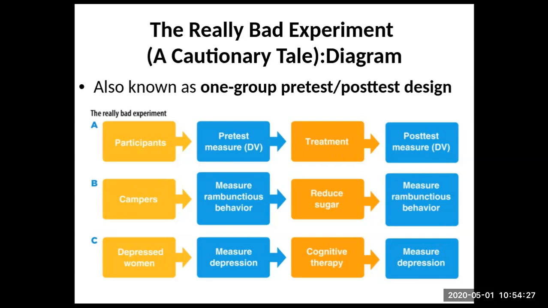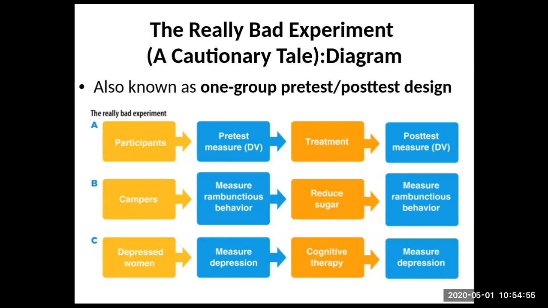The other thing is, do we know if they even controlled for that? So you give them cognitive therapy, you measure depression again. What we're hoping to see as researchers is that their depression levels were reduced after cognitive therapy, but we have nothing to compare it to. And did we control for the fact that maybe they had family members talking to them in addition to the cognitive therapy, or that they maybe took antidepressants or things like that?